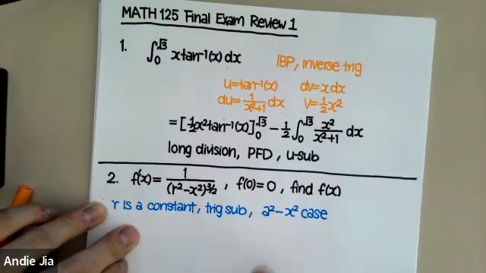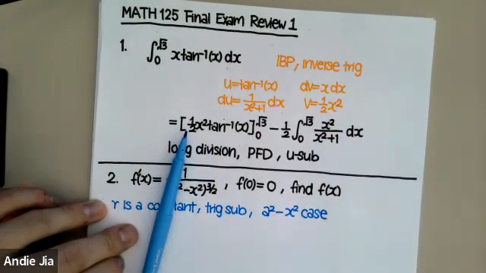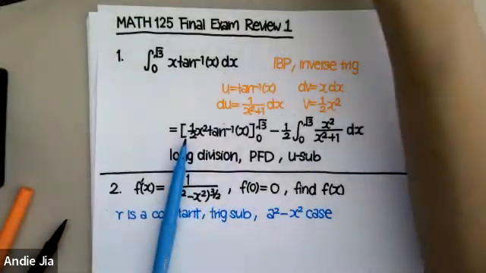And we have a squared minus x squared, and we just need to find the cases that we use for trig sub.